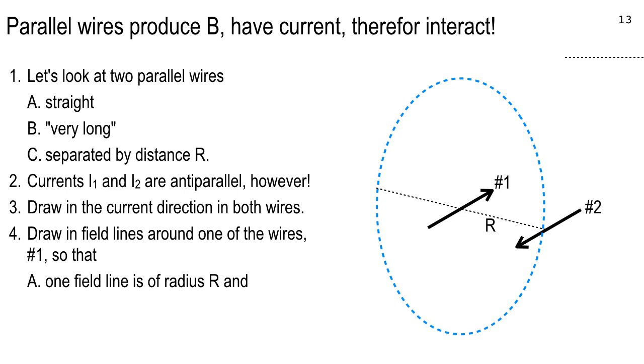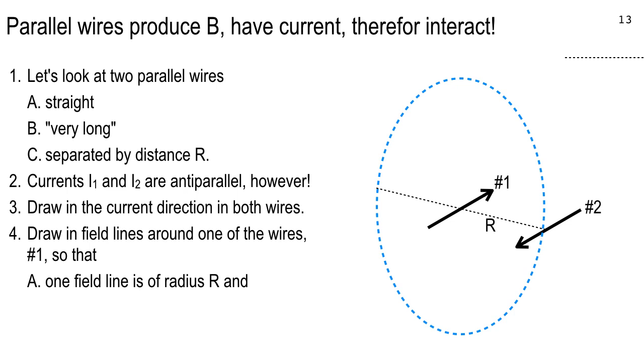I set it up so that field line goes directly through wire number 2, because it's the field line you would map if its distance from wire 1 was equal to capital R.